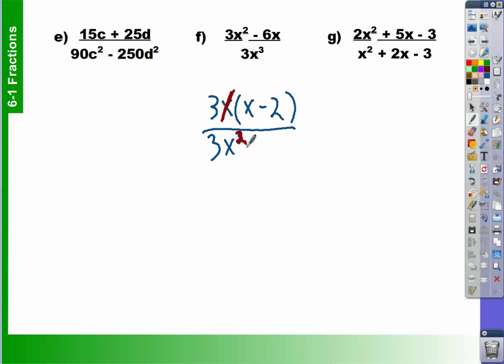And the 3 divided by 3 is 1. So we are left with x minus 2 over x squared.